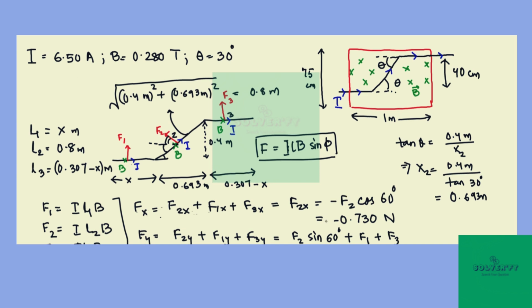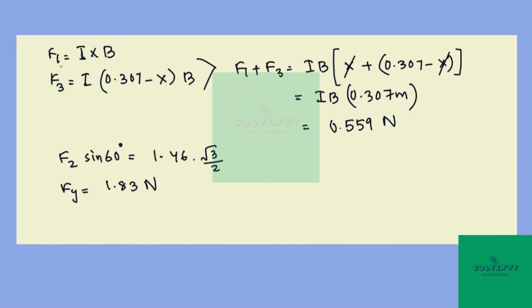Now we have Fx, the component of the net force along the x direction, and the component of the net force along the y direction. So let's draw them. So Fx is in the negative x-axis, so the direction is this way, and Fy is positive, so along this way.